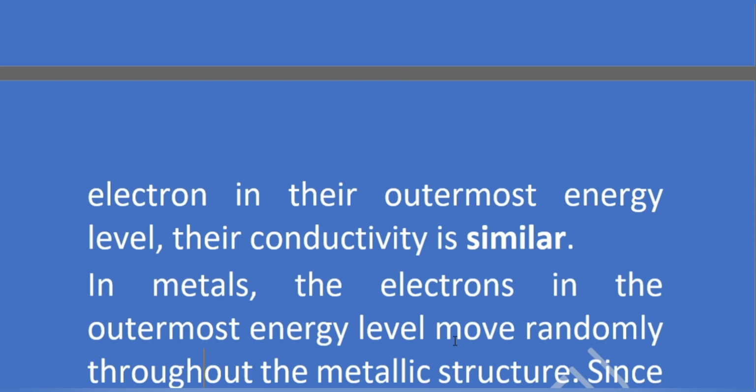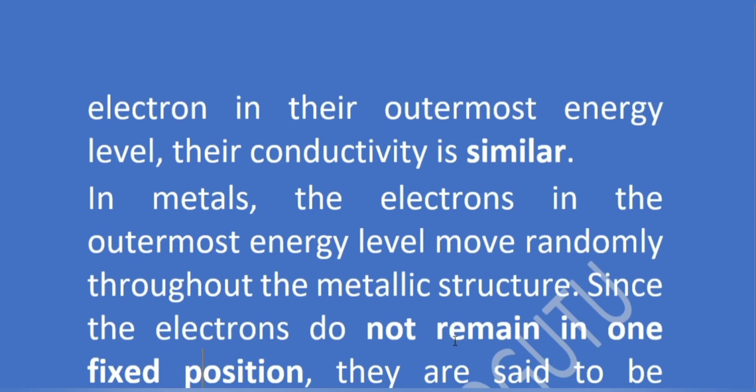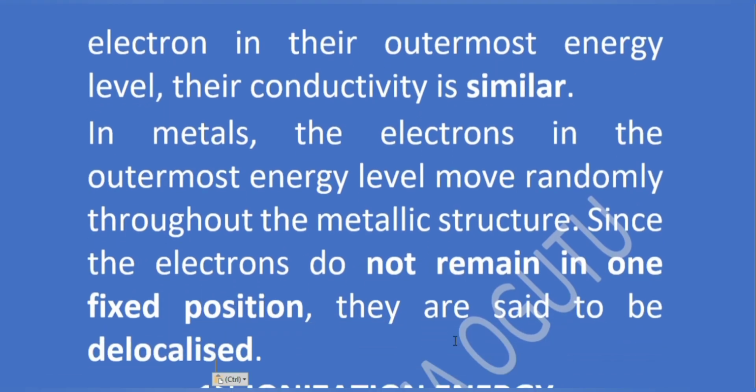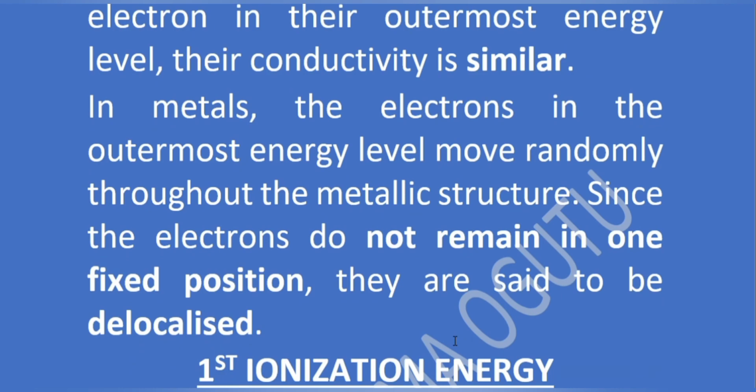In metals, the electrons in the outermost energy level move randomly throughout the metallic structure. Remember that in the outermost energy level, the electron can occupy any position. It moves around because the energy level is not filled.